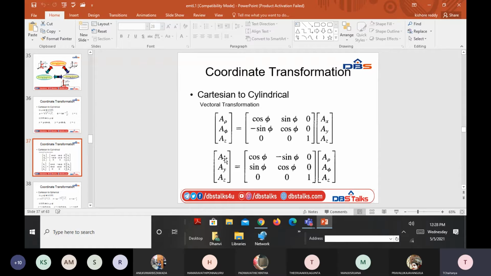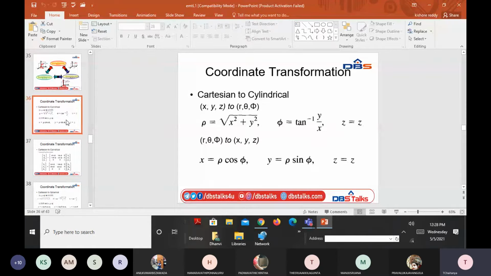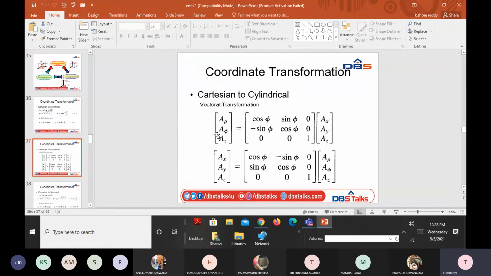You will get the value of ax, ay, and az. So right, the last slide is just the conversions: rho is what, phi is how, z is how. On this slide we need to know the vector along the radius, the vector value along the azimuthal angle, and the vector value along the z-axis.